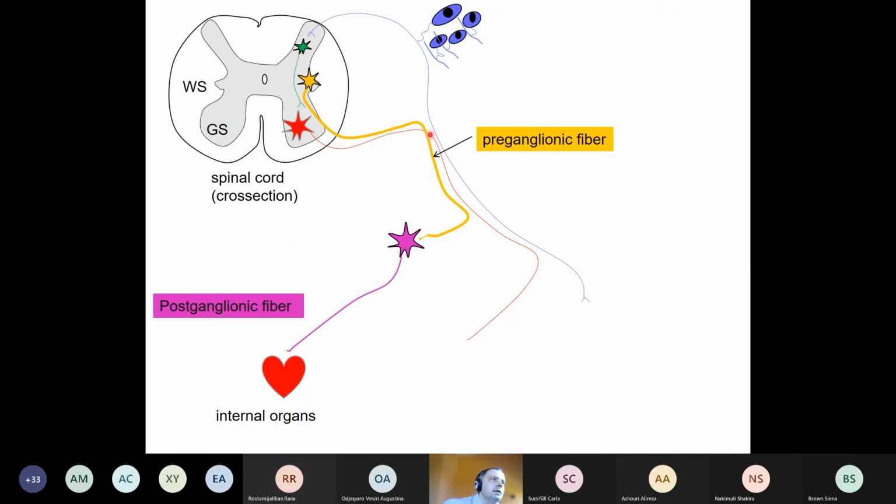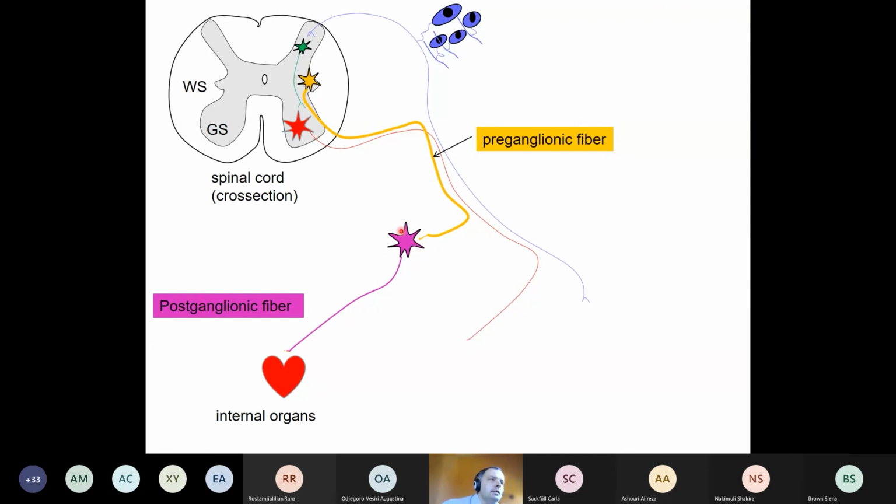What I indicated is a simplified scheme of the autonomic nervous system in the periphery. It works with two neurons, with the preganglionic fiber that terminates and activates a second neuron that will then go with its postganglionic axon to the internal organ to increase the heart rate, for example, or to change the saliva production or gastric juice production, or I could give you several examples.